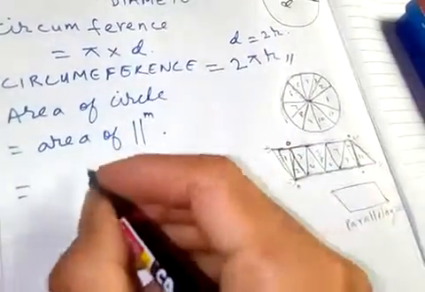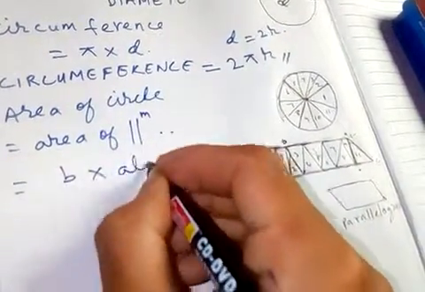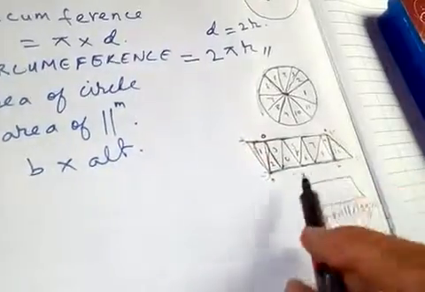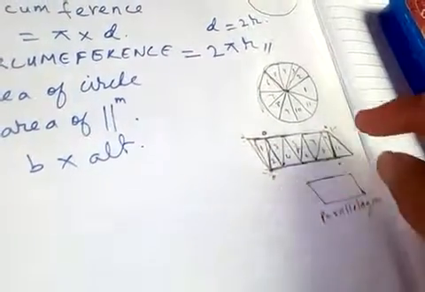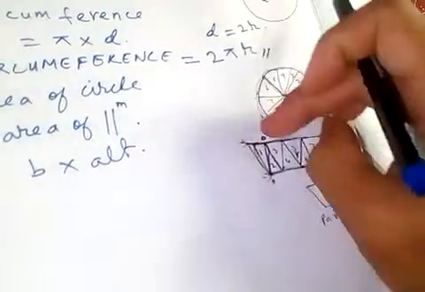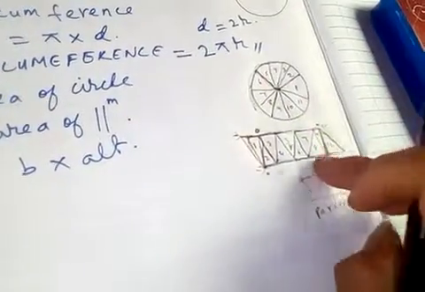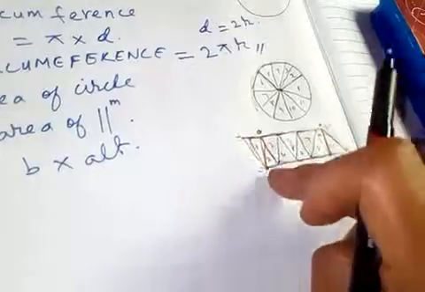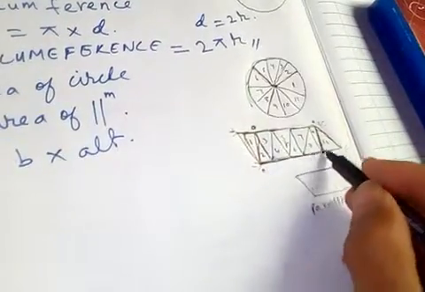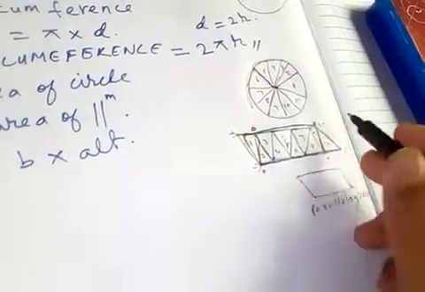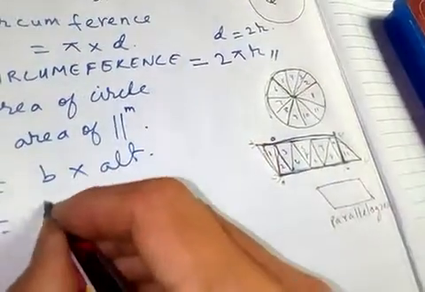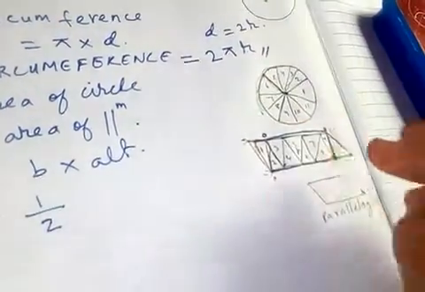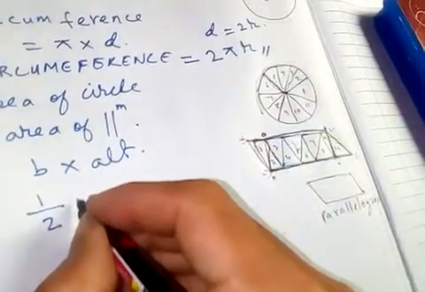So the area of a parallelogram is base into altitude. And what is the base here? Base is the circumference, but if you join these two, you get the circle back. So this and this are the circumference, which means the base is half of the circumference.